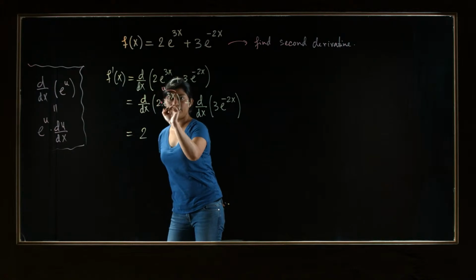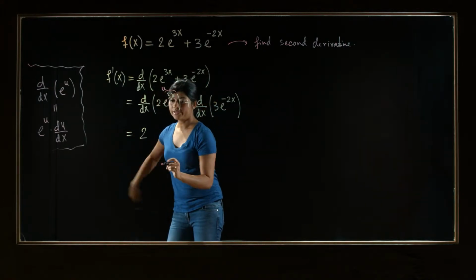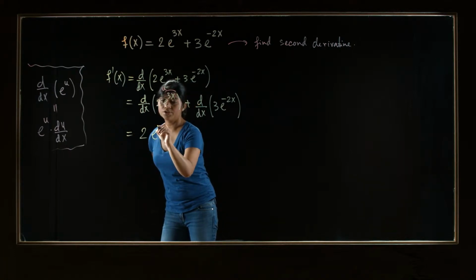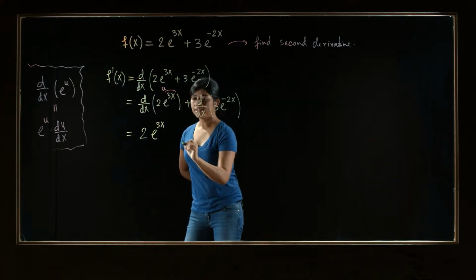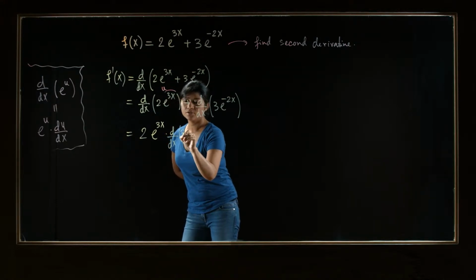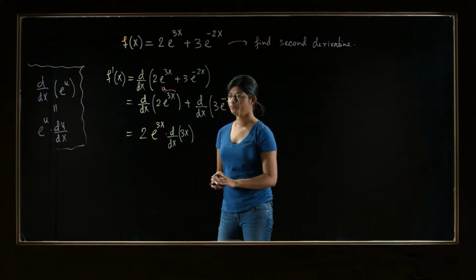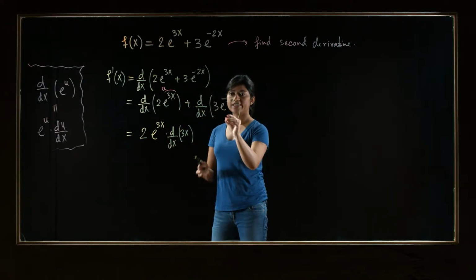So, the derivative of e to the 3x, or e to the u, is: you write down e to the u and then you have to multiply with the derivative of that u as well. So, that is the formula. Let us do it again for the second term.